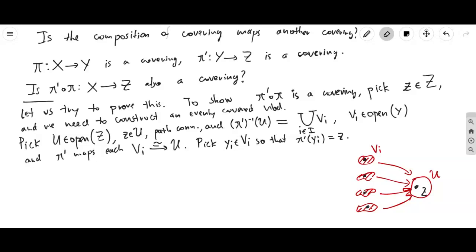So rather, what you do is you have to replace them by something smaller. Okay? So what you would do is this.